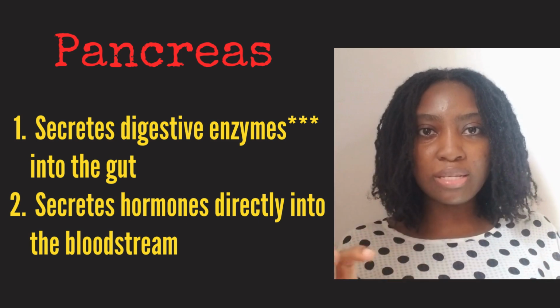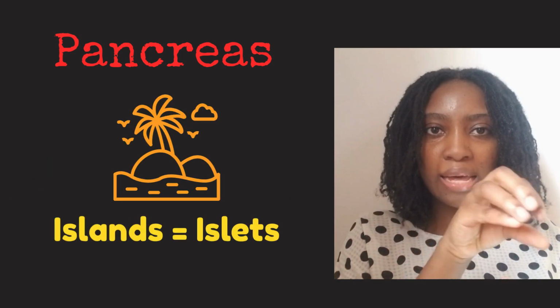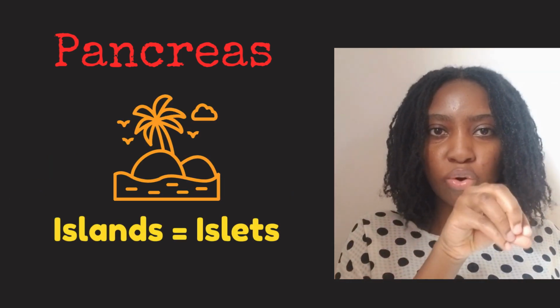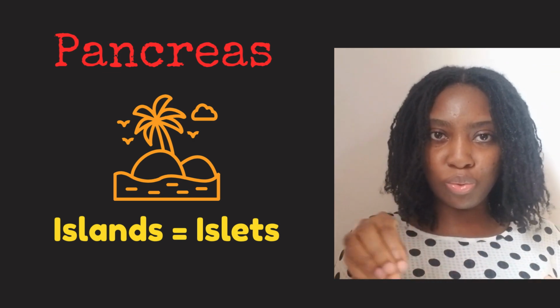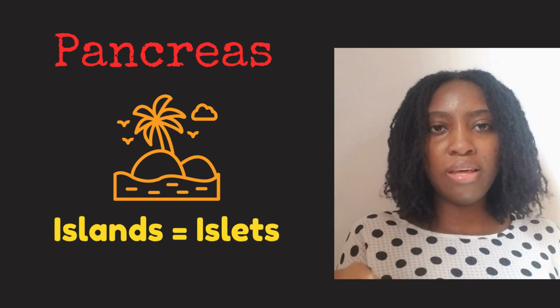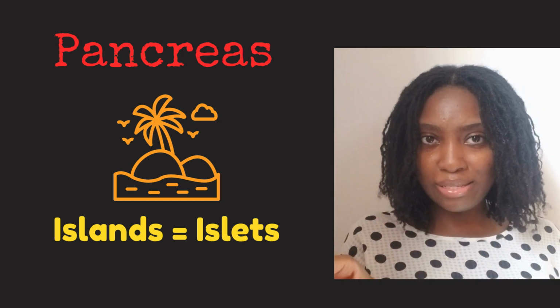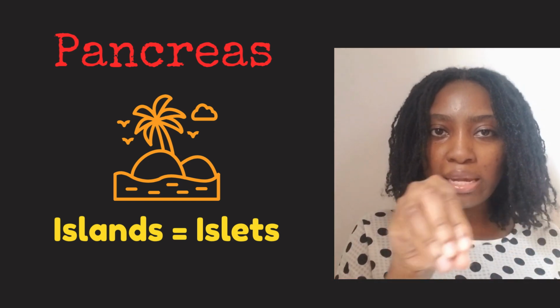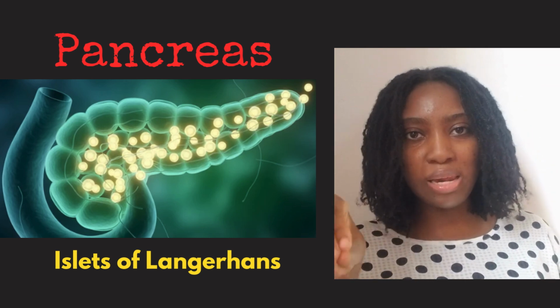So the pancreas is an organ with islands of endocrine tissues. Islands or islets of endocrine tissue. So these islands are called the islets of Langerhans.